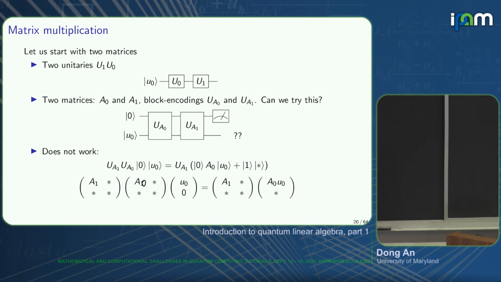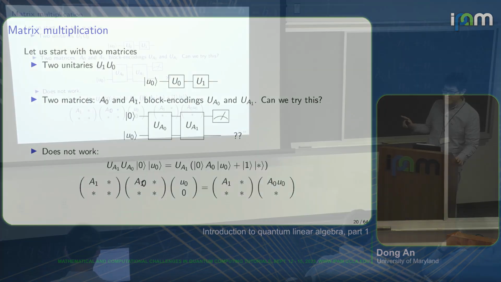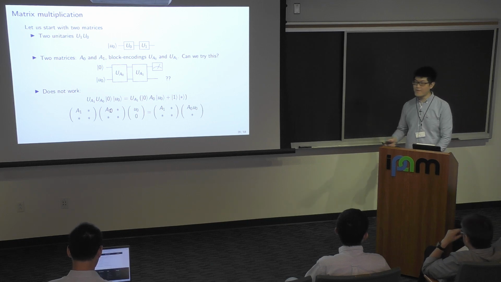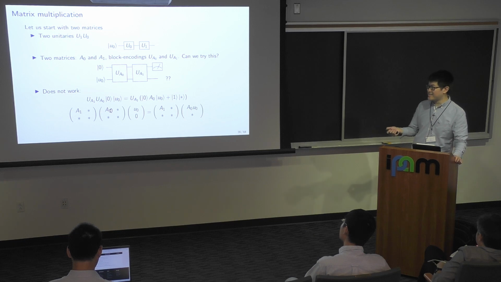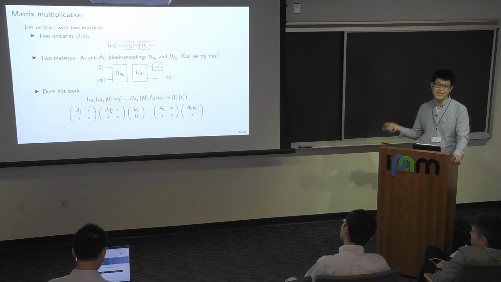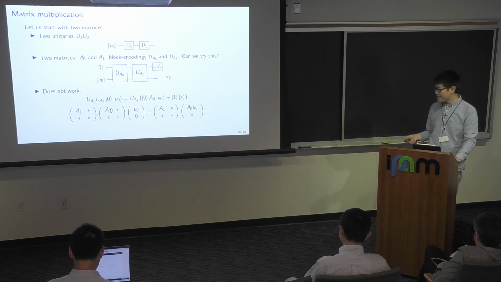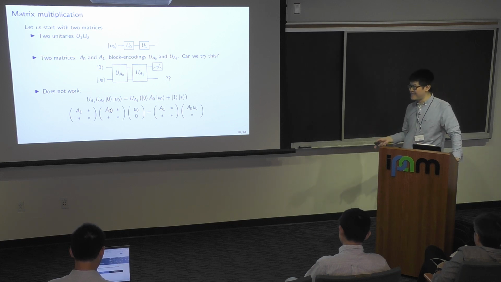And then we have to fix this issue. There are multiple ways of fixing this issue. Of course, the simplest way would be to apply U0 and do the measurement, and then apply U1, then do the measurement, and so on and so forth. But that would be a bit difficult to really implement in a circuit.